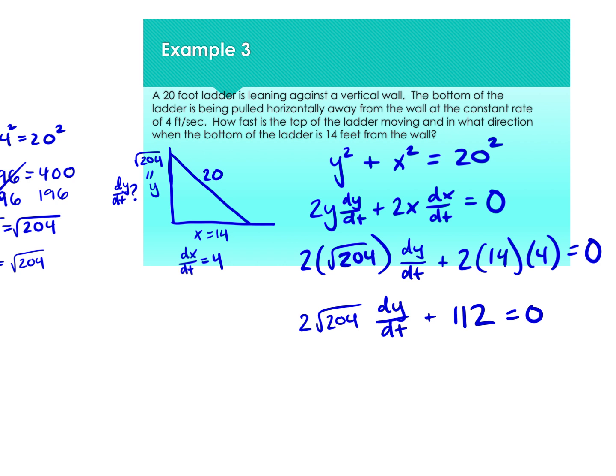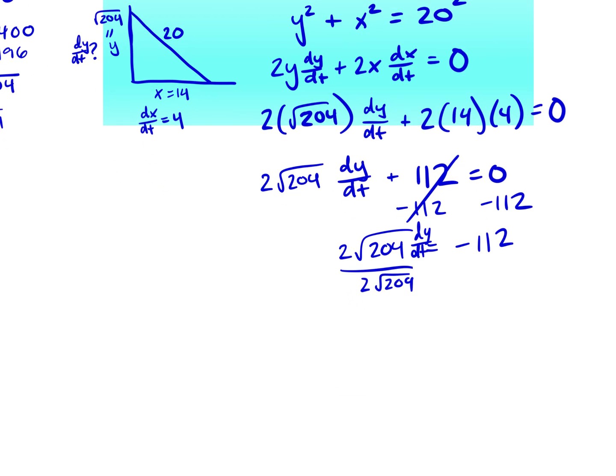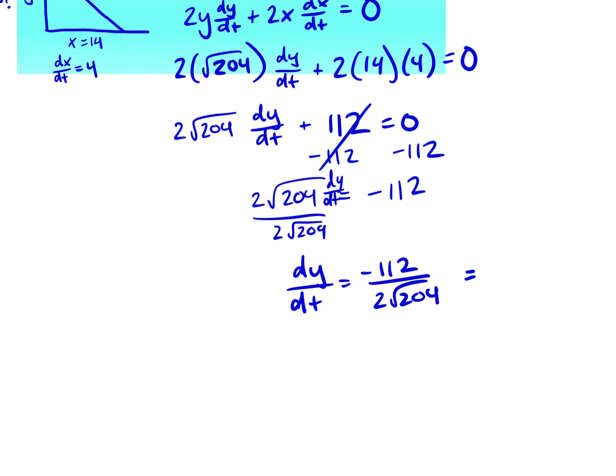We're solving for dy over dt, so let's just move everything to the other side. Subtract 112 and divide by 2 times the square root of 204. So dy over dt is equal to negative 112 over 2 times the square root of 204. We can put that in the calculator. We'll get negative 3.9.